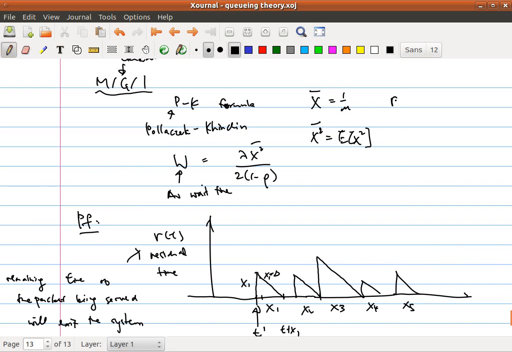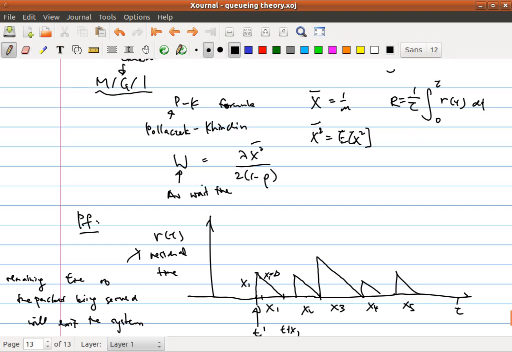So R will be just equal to, if we think of that, the integral of R(t) dt from 0 to, let's say, tau here, over tau for some big tau.